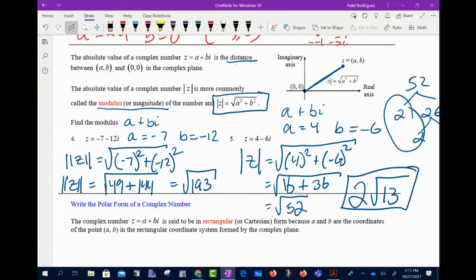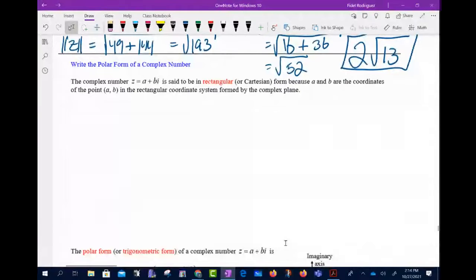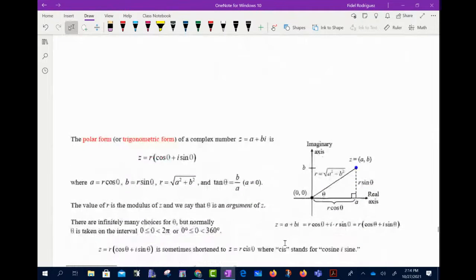Okay, so the next one here says, how do we write the polar form of a complex number? So it says the complex number z equals a plus bi is said to be in rectangular or Cartesian form because a and b are the coordinates of the point (a, b) in the rectangular coordinate system formed by the complex plane.